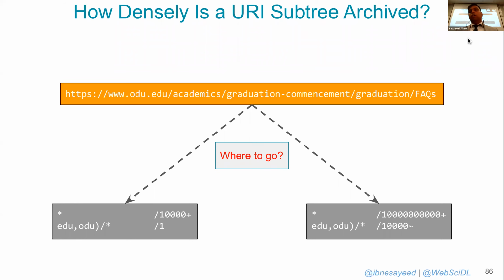Another archive says, I have 10,000 plus URI-Rs that fall under odu.edu. Which one should we go for, right? Obviously, it is possible that the first one was exactly this one, and the second one is missing this URI. But statistically speaking, the second one is more likely to be found.